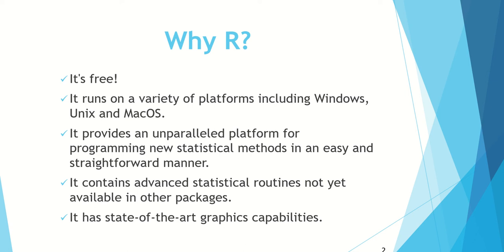R comes under the open source GNU license, and all of you must be aware of Android, which is an open source operating system, freely available. Similarly, R's versioning and packages licenses also come under open source. So R is basically freely available to use.